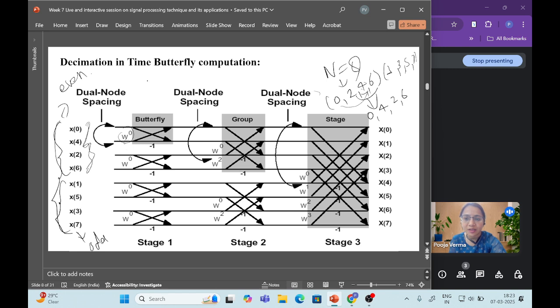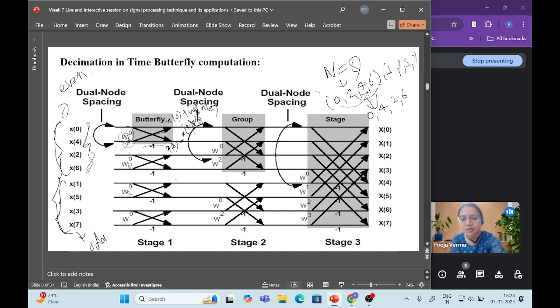In DIT, we multiply the lower part before the butterfly. Here it will be W8^0. For example, x[0] plus W8^0 x[4]. Similarly, the other output will be x[0] minus W8^0 x[4], because here we multiply the lower part by minus 1.